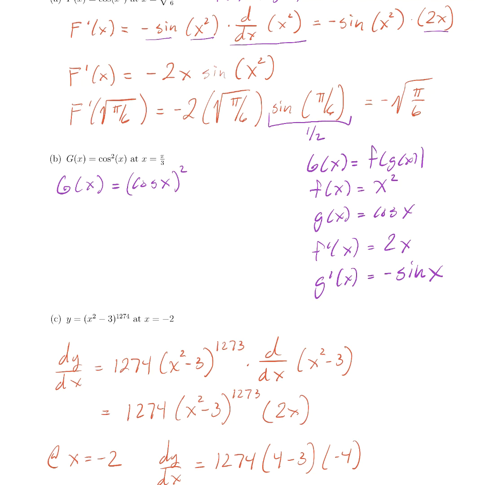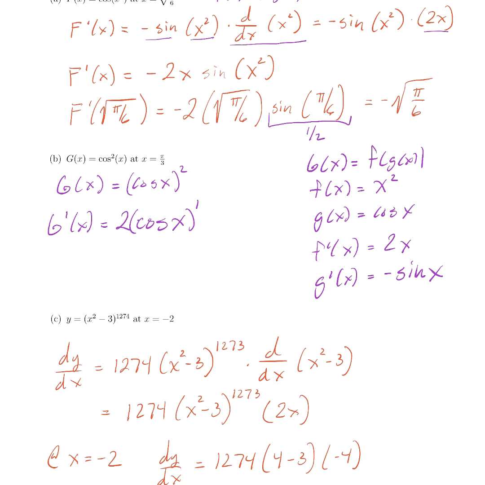The chain rule says take f prime evaluated at g. So G prime of x equals f prime, which is 2x, evaluated at g, which is 2 cosine x. That's the 2 coming down, going to one less power. We can think of this as 2 cosine x to the first.